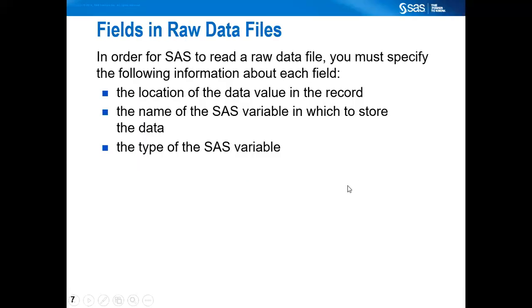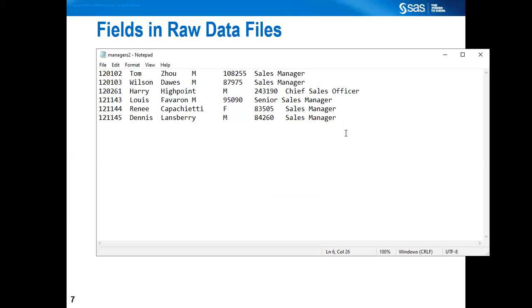So, fields and raw files: in order for SAS to read a raw data file, you must specify the following information. Obviously, if you want to read this raw file into SAS data, we first have to tell SAS that we are going to create a SAS file. Then, from where it is going to create, we give the infile statement to specify the location of the raw file.